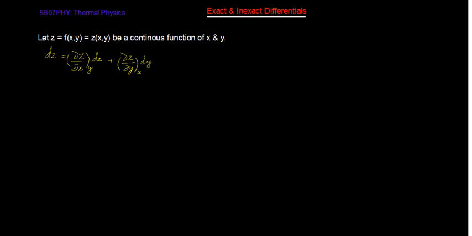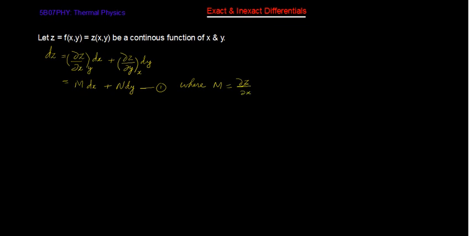So let me write this as equal to some m dx plus n dy. We call this equation number 1, where you can see what m and n are. m stands for dou z by dou x at constant y.